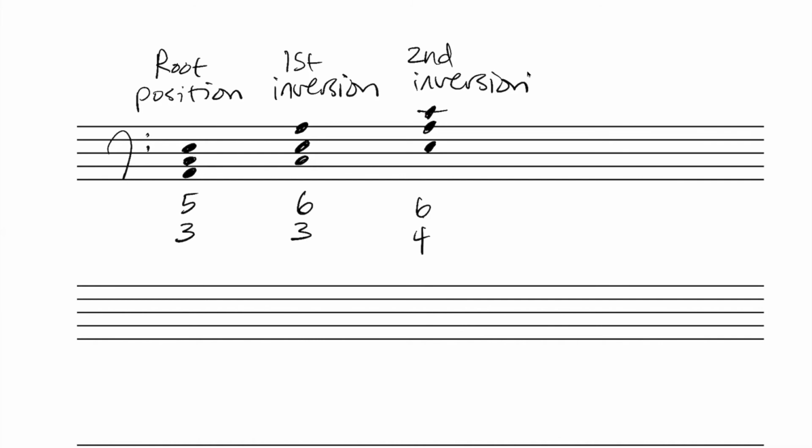The good news, second inversion always uses 6-4. We need both of those numbers to tell it's second inversion. First inversion, we use the abbreviated form 6. So if you see a 6, you can understand the third is implied. Root position, nothing. Think about it.